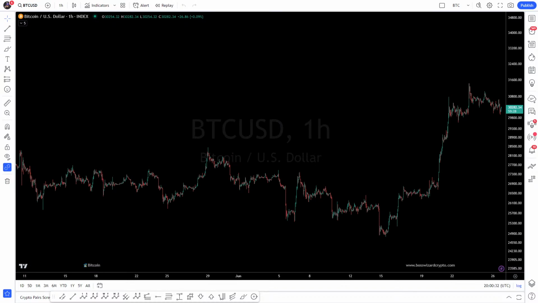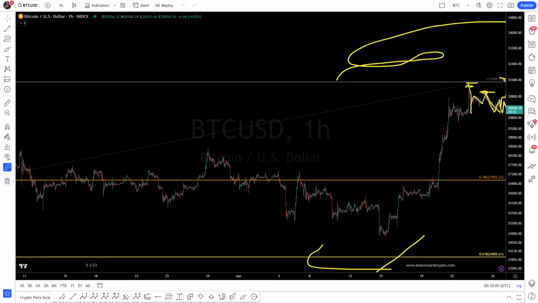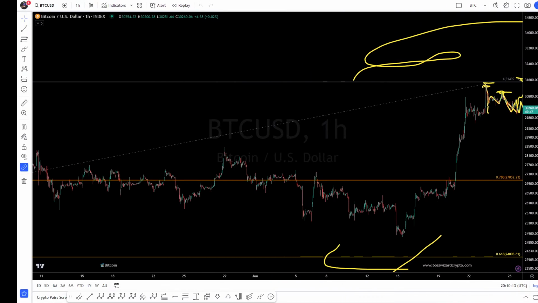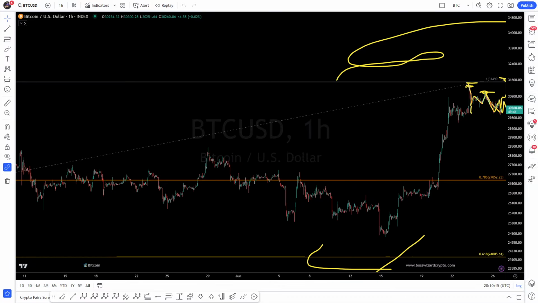I'm showing the wrong tab? How am I showing the wrong tab? Hold on. One hour chart, no drawings.